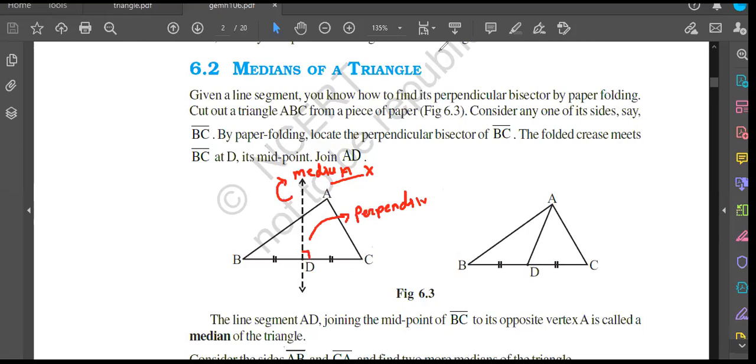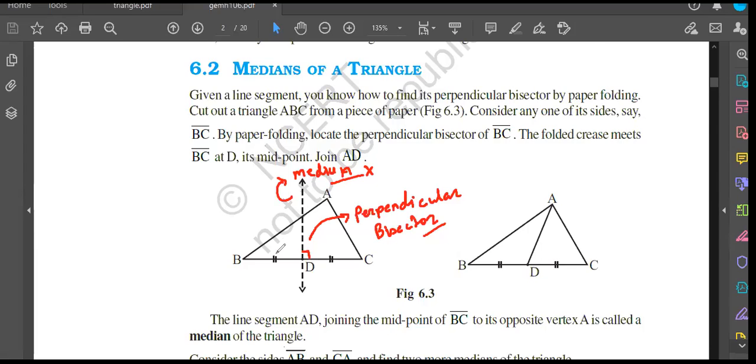That's why you should sit with your notebook and pen. Perpendicular bisector. Bisector means it is dividing your side. Perpendicular because it is dividing perpendicularly. It is making 90 degrees with the side which it is dividing.